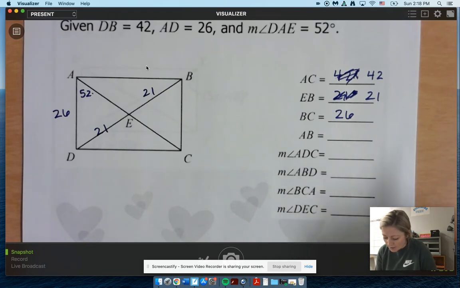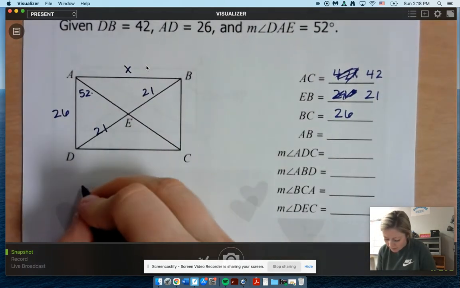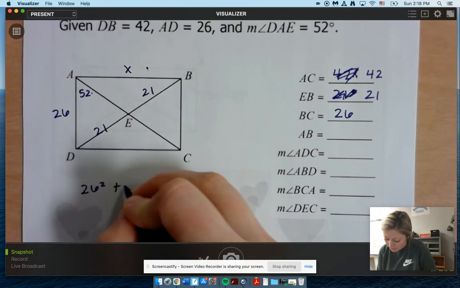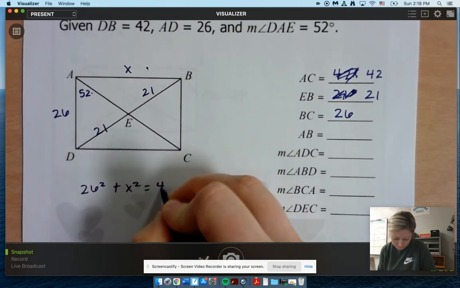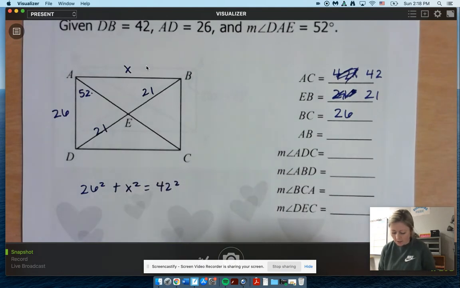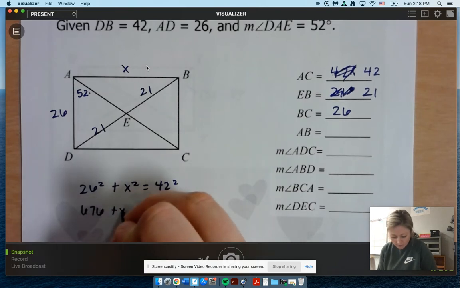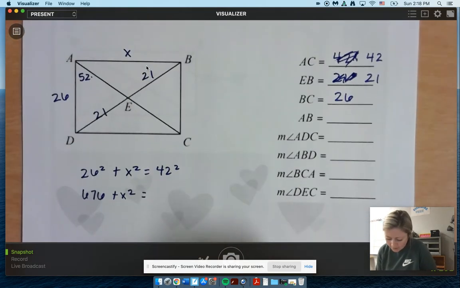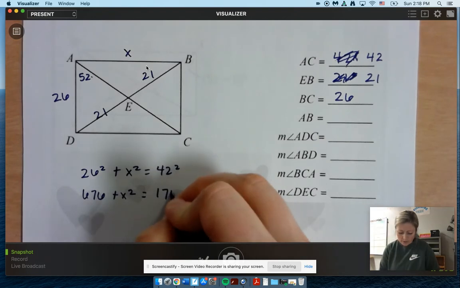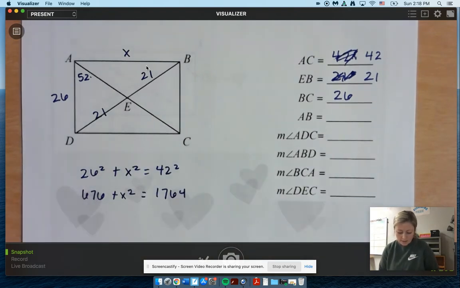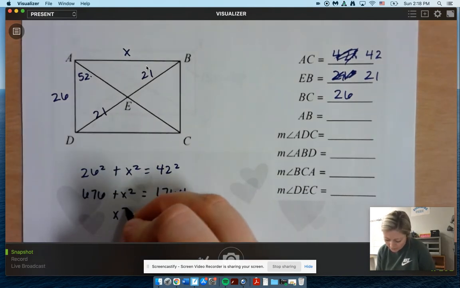So we're going to have, let's call it X. We'll have 26 squared plus X squared equals 42 squared. 26 squared, 676 plus X squared equals 1764 minus 676, oops, X squared equals 1088.